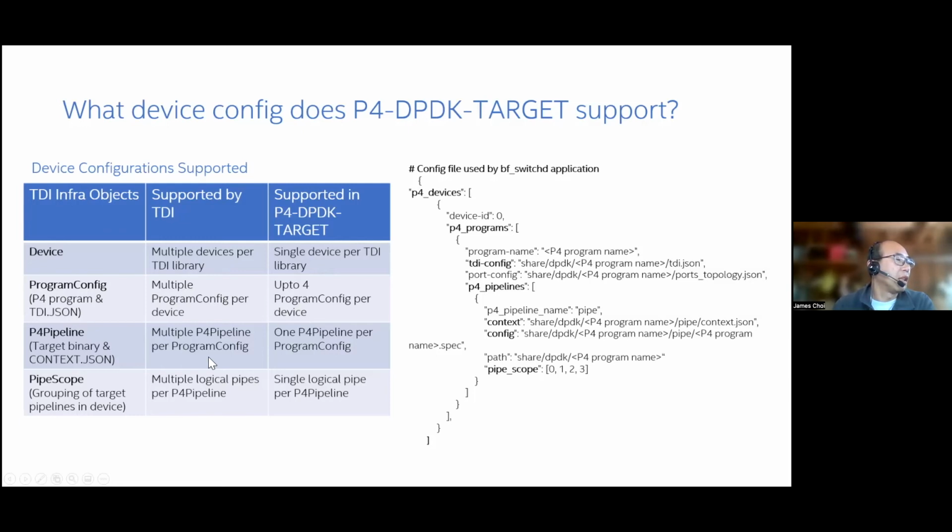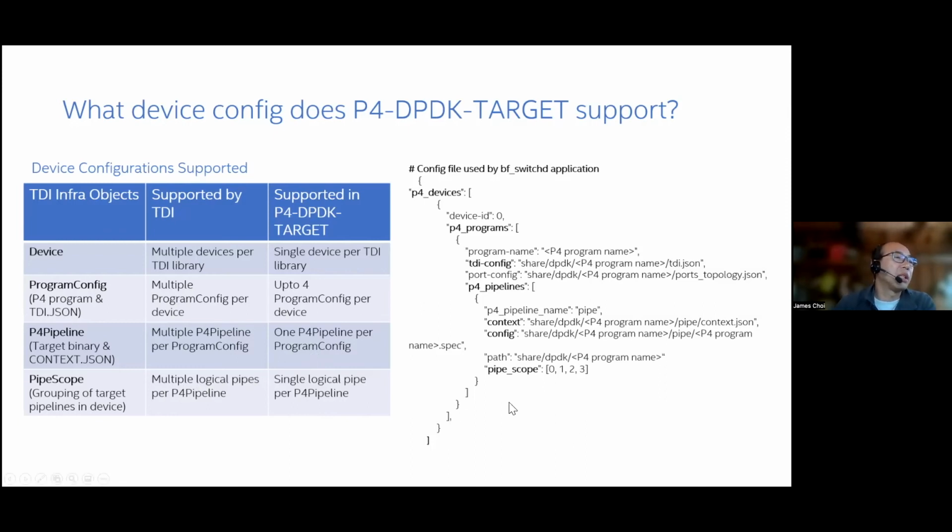TDI supports multiple P4 pipelines per P4 program, whereas DPDK can support a single P4 pipeline per P4 program. And TDI supports multiple logical pipes per P4 pipeline, whereas P4 DPDK provides a single logical pipe per P4 pipeline.